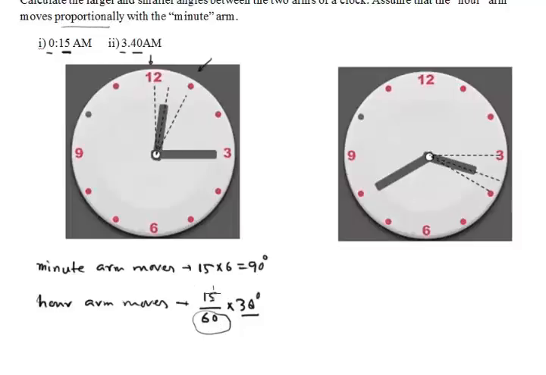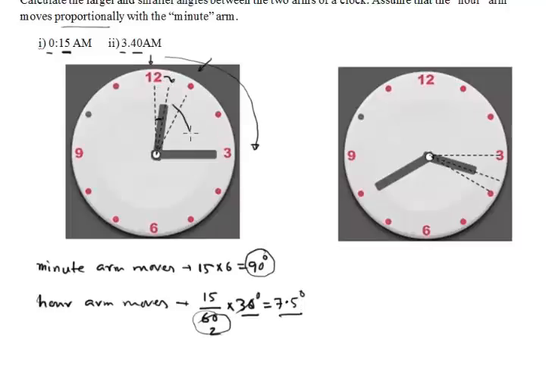So in 15 minutes it will move 15 divided by 60 times 30 degrees. If we calculate it, 30 and 60 will give 2, so 7.5 degrees. So here the hour arm moves 7.5 degrees, calculating from here. So from here the minute arm is moving 90 degrees, and from here the hour arm is moving 7.5 degrees.